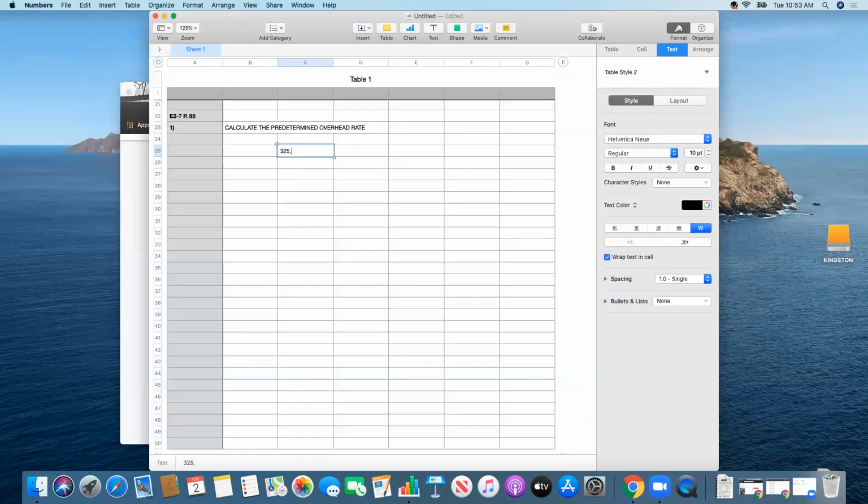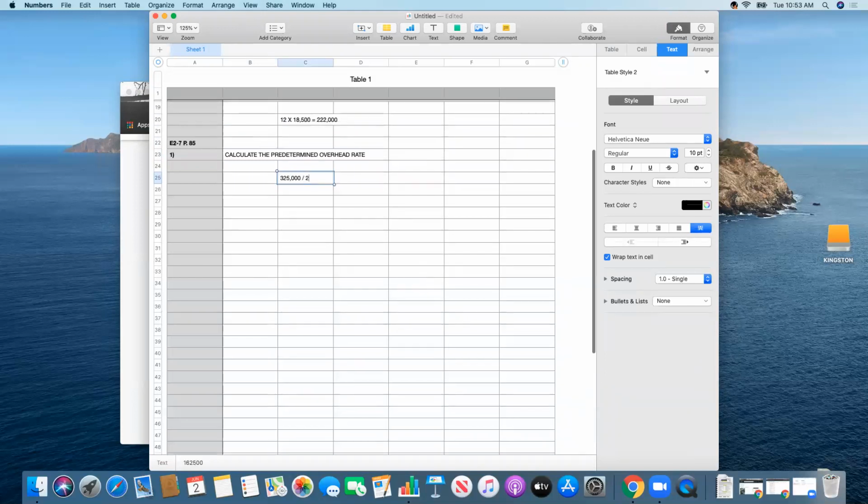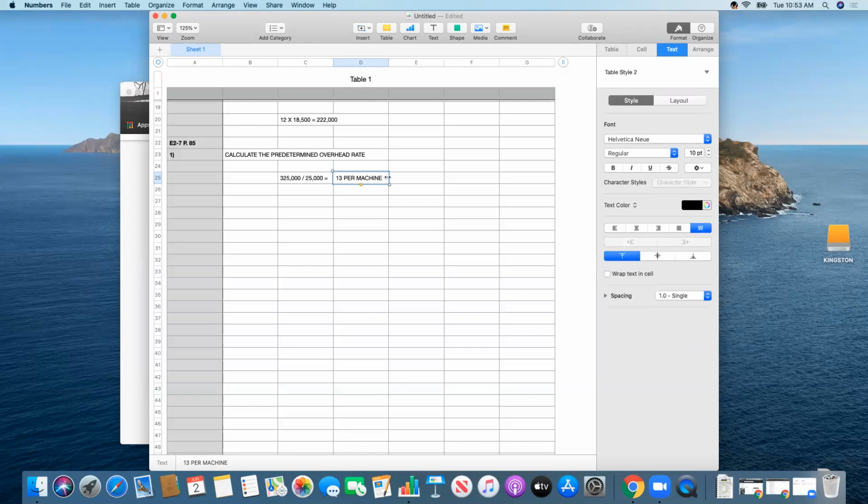So 325 divided by 25 equals $13 per machine hour. So every hour those machines are running, it's costing us $13 in overhead.